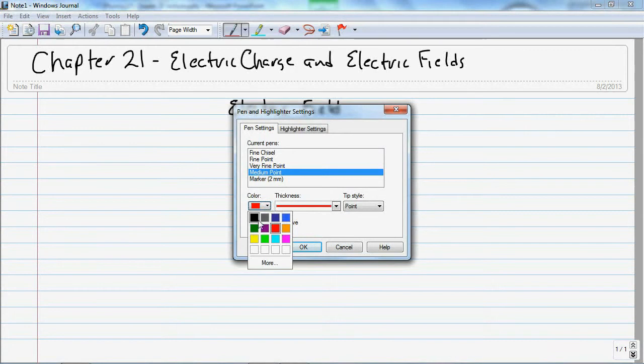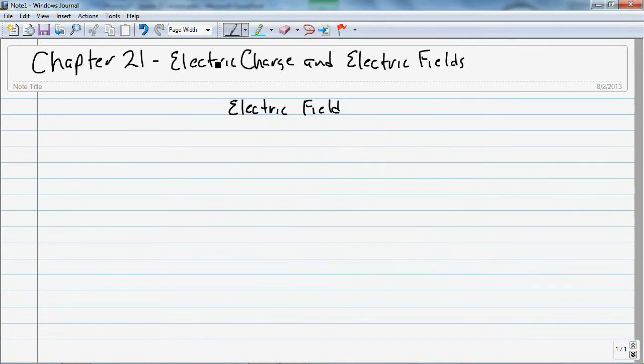Now, when it comes to an electric field, the definition of an electric field, which is a vector, is equal to the limit as some q in space tends towards 0 of the force vector at that location divided by the charge at that location.